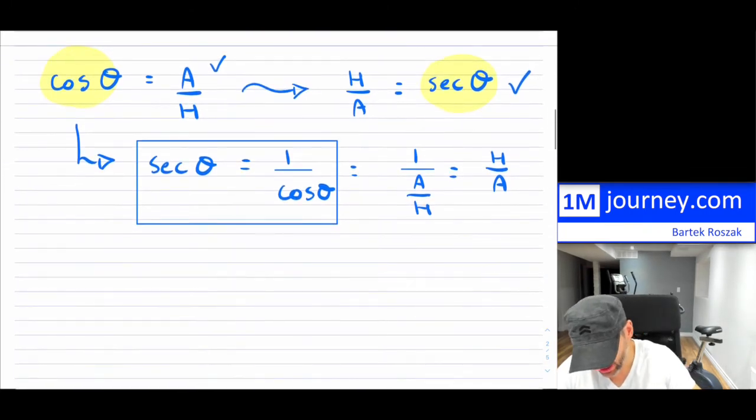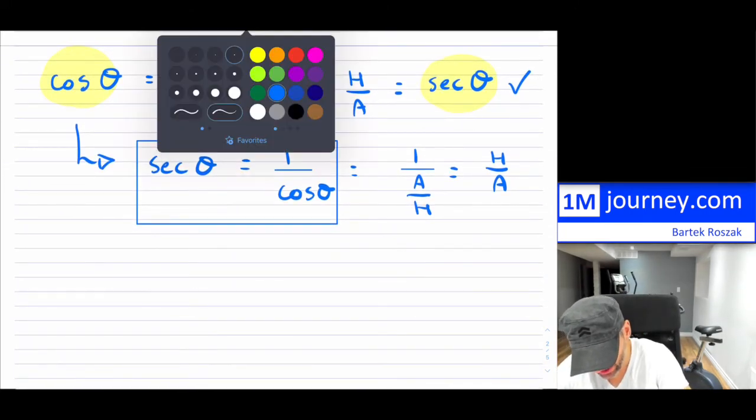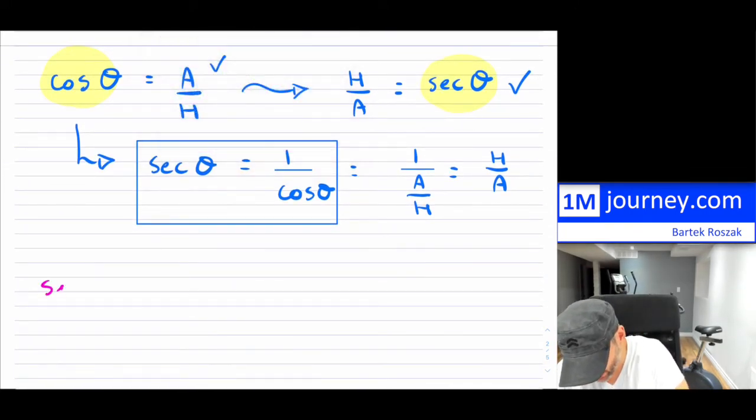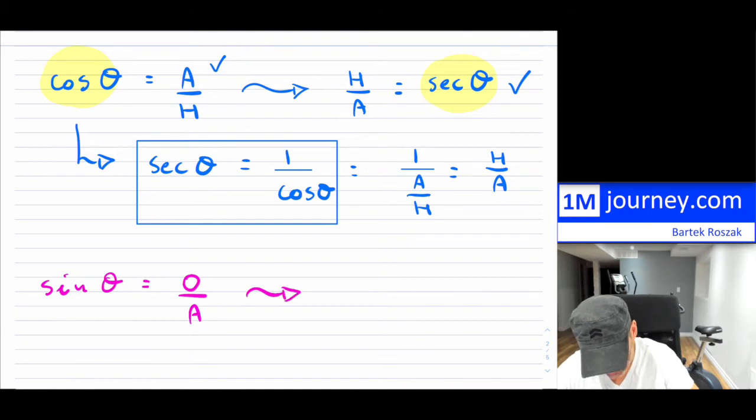Now, the same thing happens with the other ratios. So sine theta, which we know is opposite over hypotenuse. Now, if you take the reciprocal, it's just simply hypotenuse over opposite. And that's how cosecant is defined.